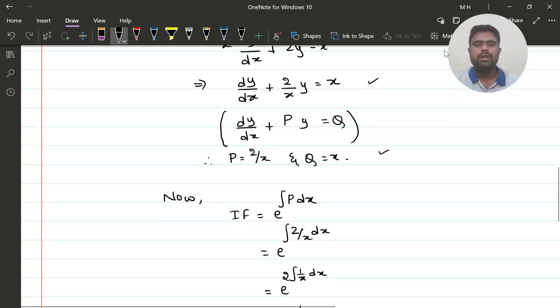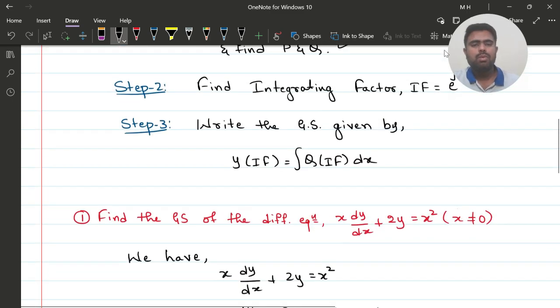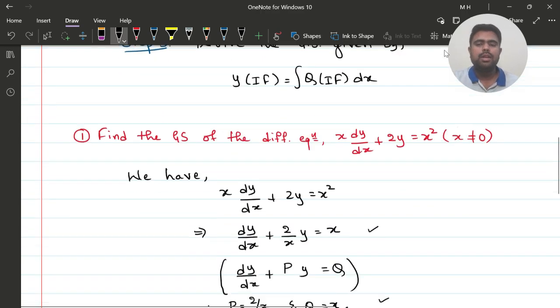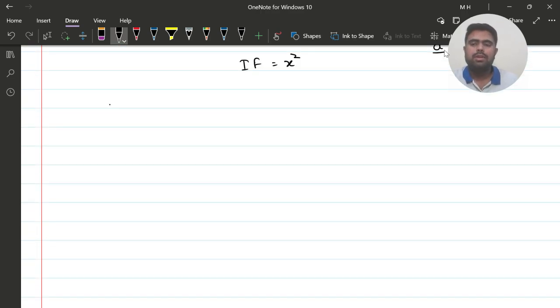Fine, so now we got our integrating factor. Once we are done with finding the integrating factor, we can directly go and write the general solution. Therefore the general solution is y into integrating factor is equal to the integration of q into integrating factor dx.